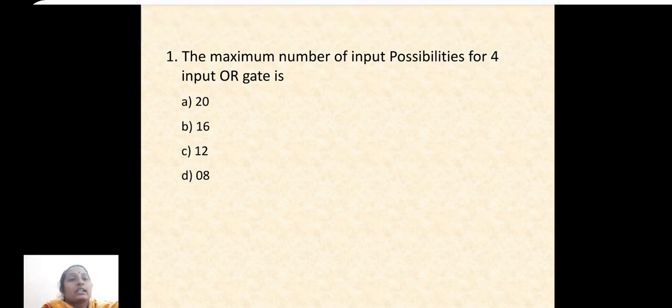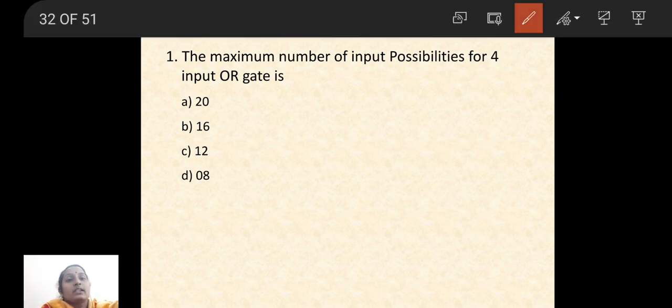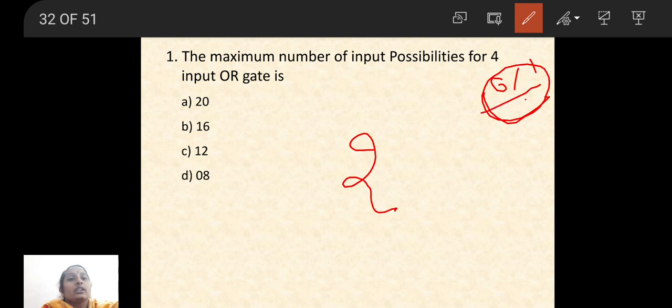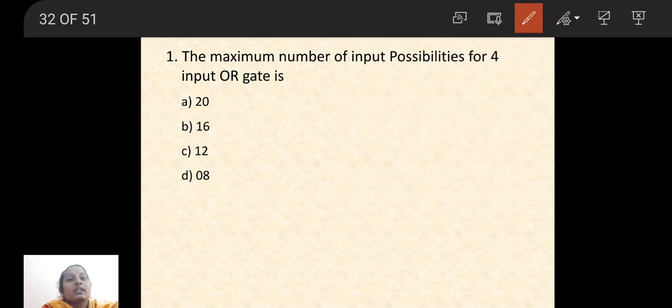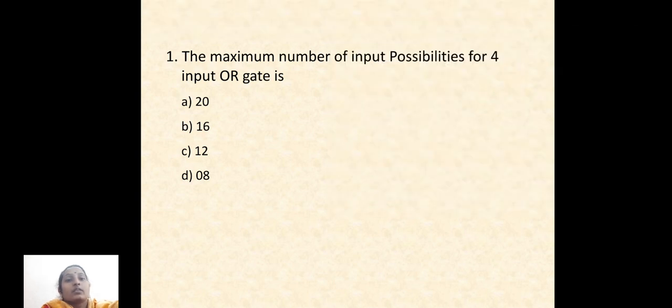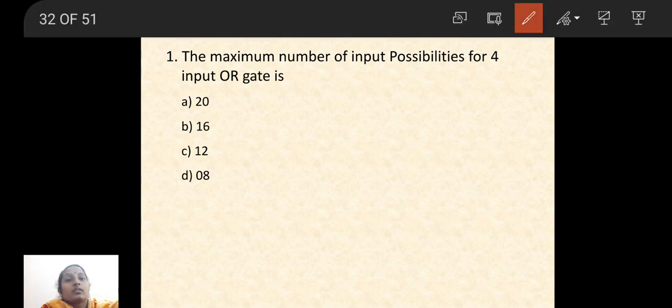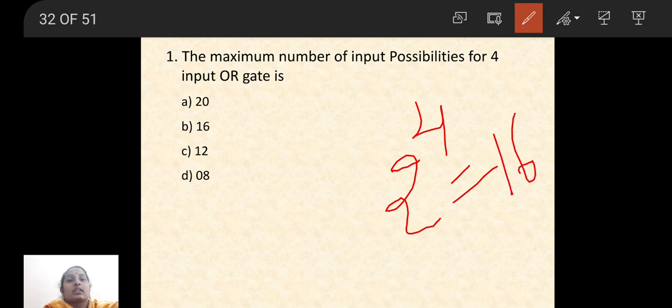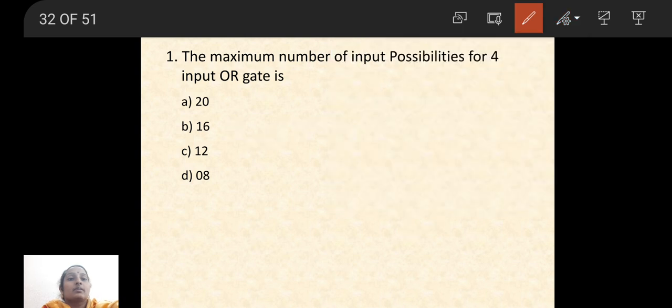To calculate possibilities, we take 2 first. Why? Because 0 and 1, 2 values are there for each variable. How many variables are there here? 4 inputs. 2 to the power of 4 is equal to how much? 16. So there are 16 possibilities using 4 input variables.